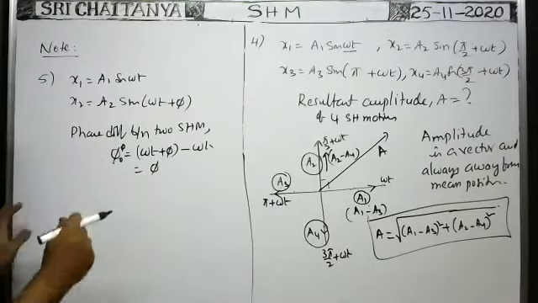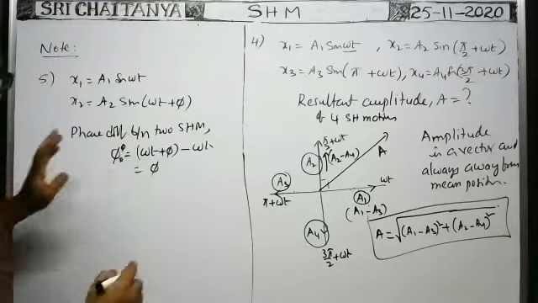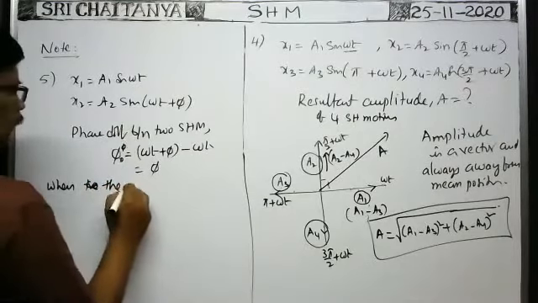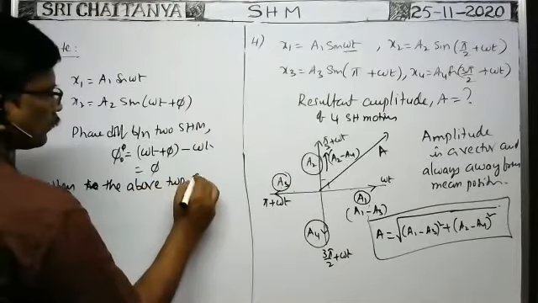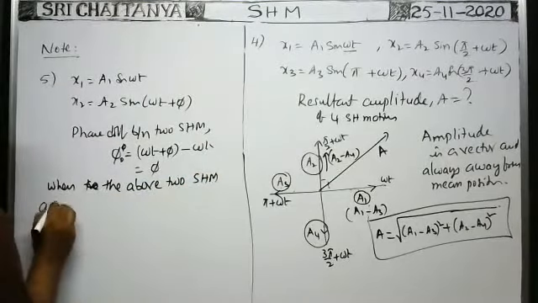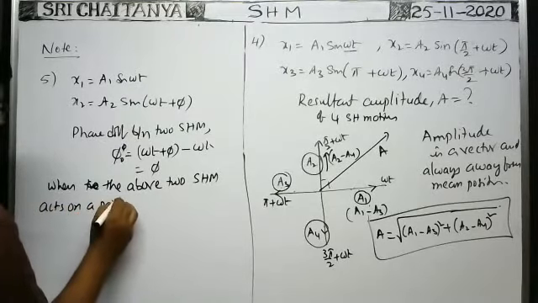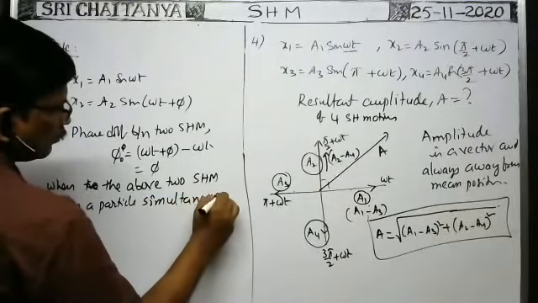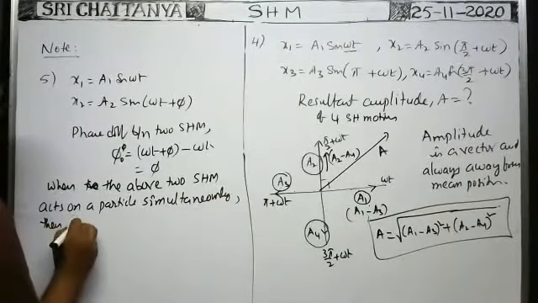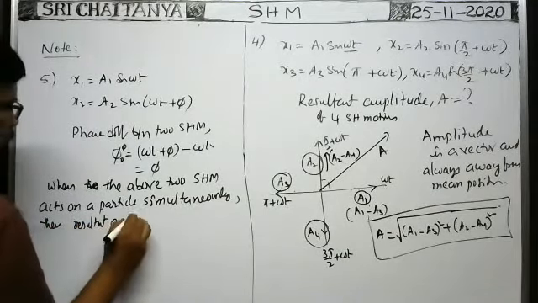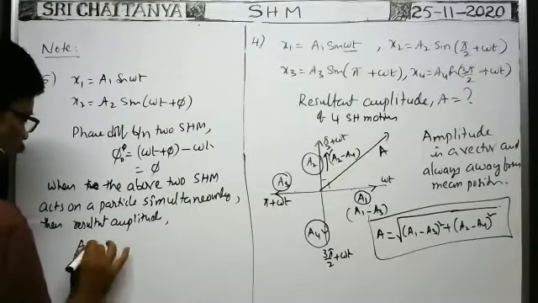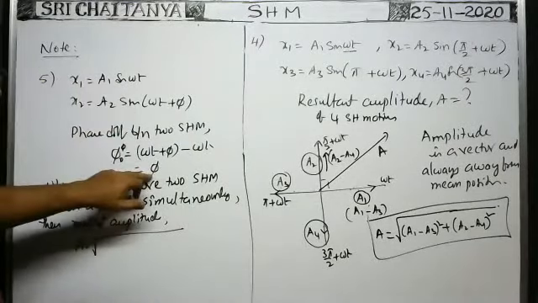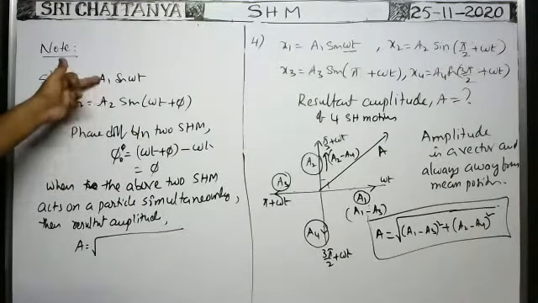Therefore, whenever the above two simple harmonic motions act on a particle simultaneously, the resultant amplitude capital A is equal to square root of, as amplitudes are vector quantities and the phase difference between these two simple harmonic motions is equal to phi, the angle between these two is also equal to phi.